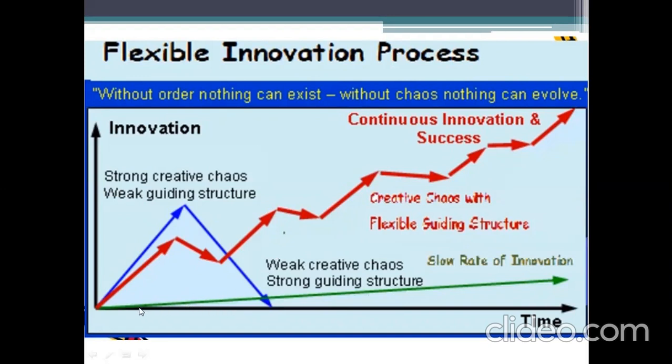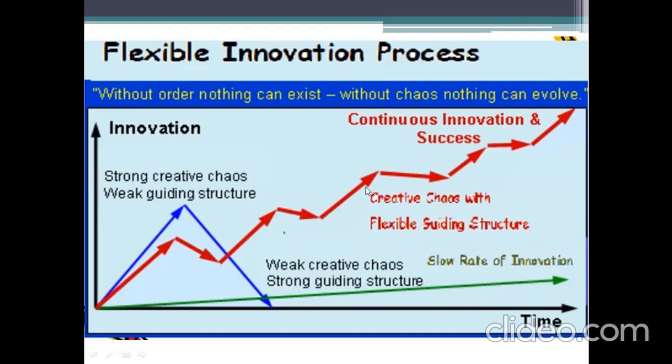Innovation will happen, but it won't be rapid, it won't be that adaptable, and it won't be more profitable over a period of time. So they need to wait more, and time will be the key for them to have more creativity, which can help the guiding structure, or be helped by the strongest guiding structure.